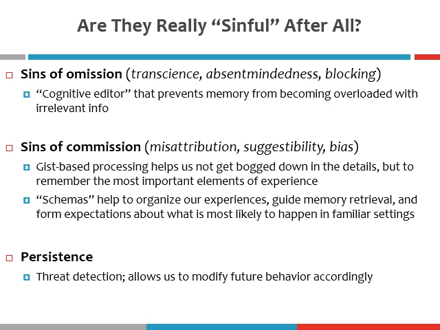But all of these cases have very clear adaptive qualities that help us to maintain an efficient and up-to-date cognitive system, and also help us to arm ourselves against potential threats. Okay, so this concludes my summary or synopsis of the 7 sins of memory.